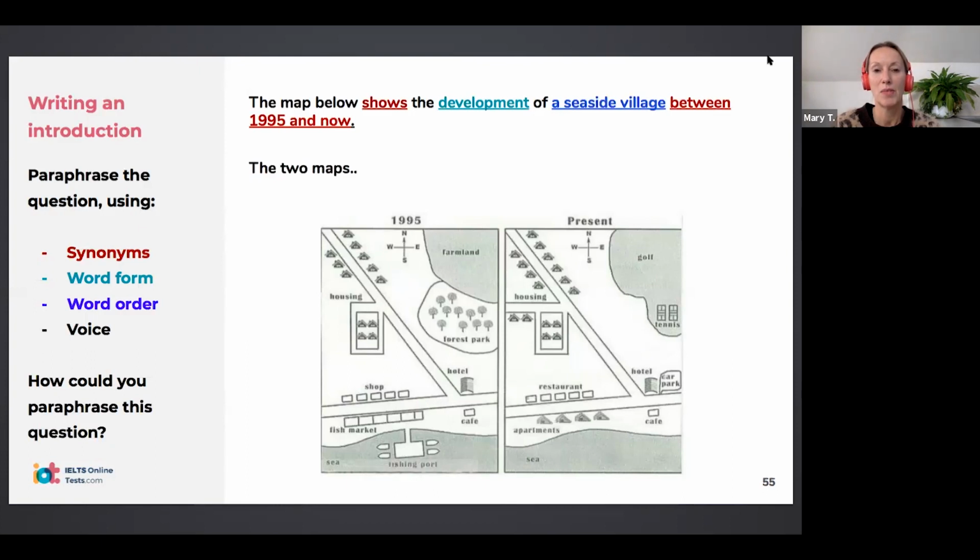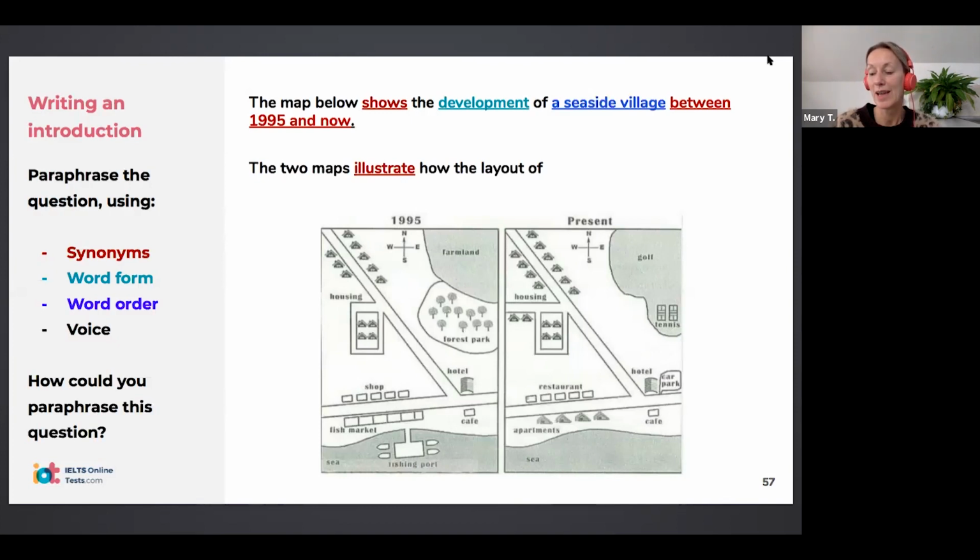Okay, so the 2 maps. A synonym for shows: illustrates, that's right. So the 2 maps illustrate how the layout of, okay, a seaside village. Can you change the word order? A seaside village.